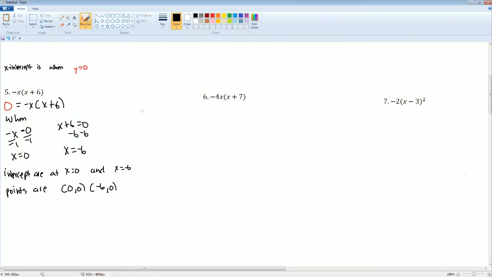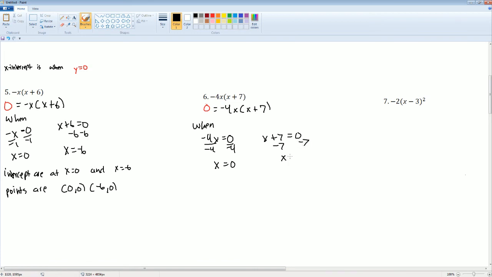Same thing here. Not going to do anything different. Negative 4x, x plus 7. So this is when negative 4x is equal to 0, and x plus 7 equals 0. So again, divide by negative 4, divide by negative 4, x equals 0.